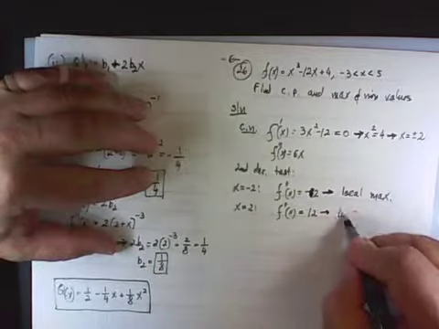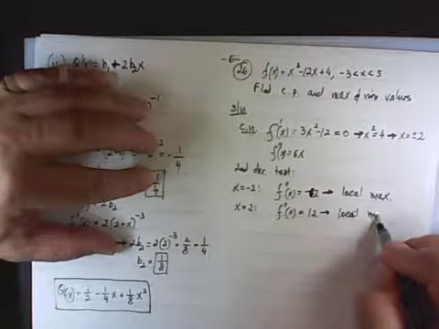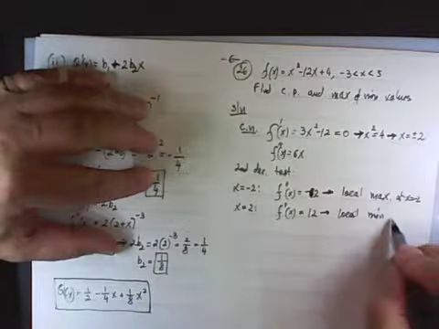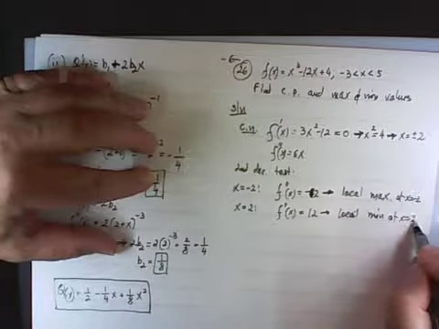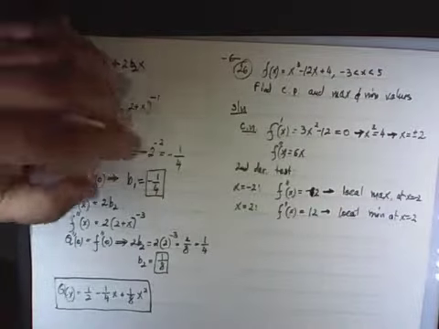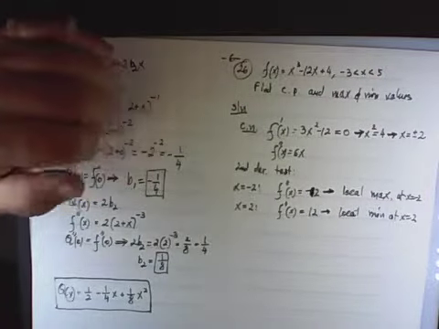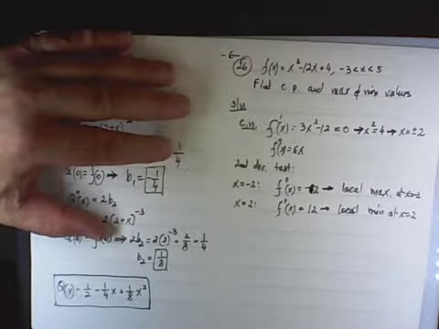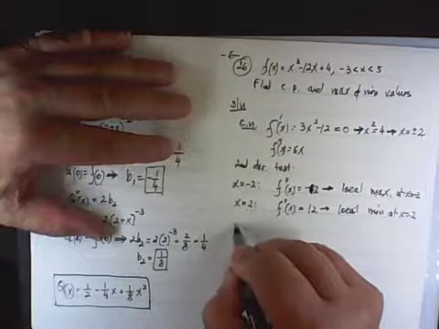So we have a local minimum at x equals positive 2. Okay? Now, for absolute maximum and minimum, we need to count also the endpoints. So we have critical numbers, and now we need to look at the endpoints.